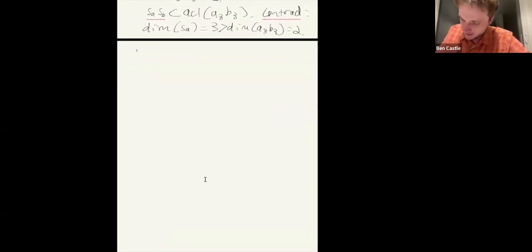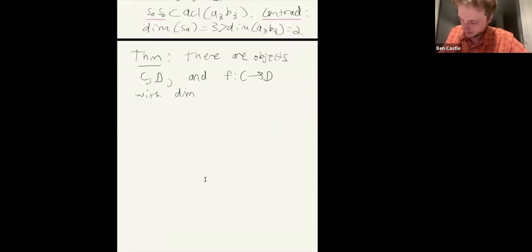So theorem. There are objects in our groupoid C and D, and a morphism F from C to D with dimension of F over CD equal 1. And this is what we've been wanting, right?